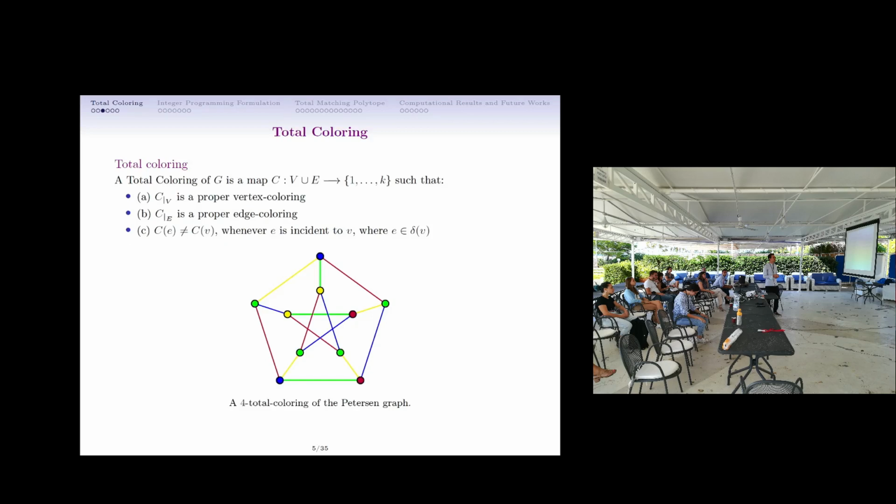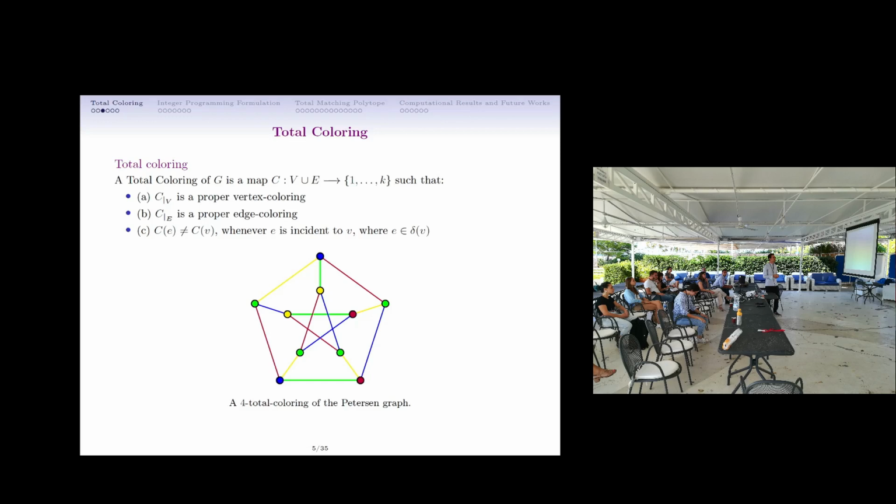So a total coloring is a mapping from all the elements of the graph G to a set of colors 1 to K, such that we have a proper vertex coloring, where we color only the vertices of the graph G, and a proper edge coloring for the edges of the graph G. And when we have an edge incident to a vertex V, they get different colors.